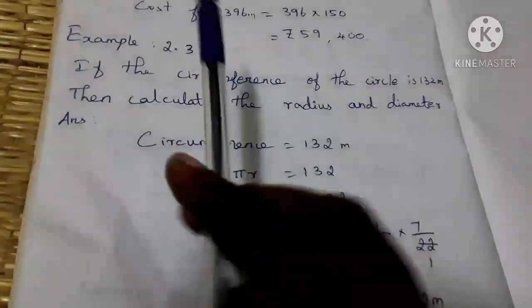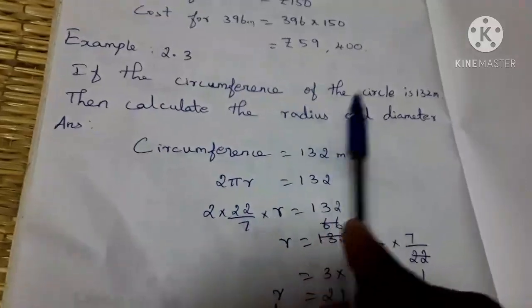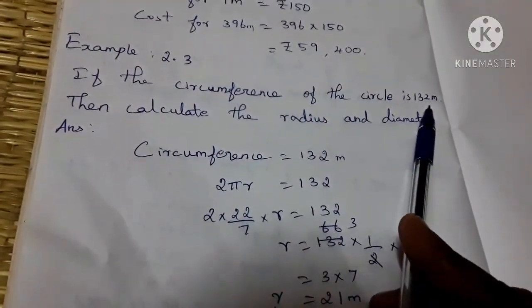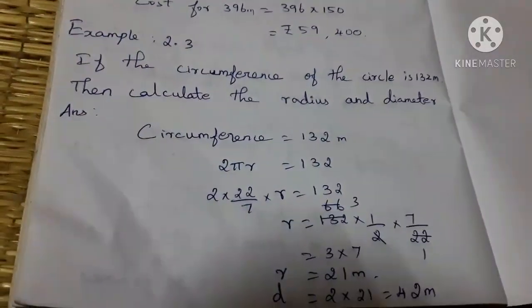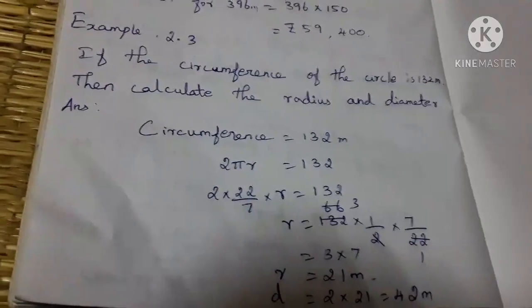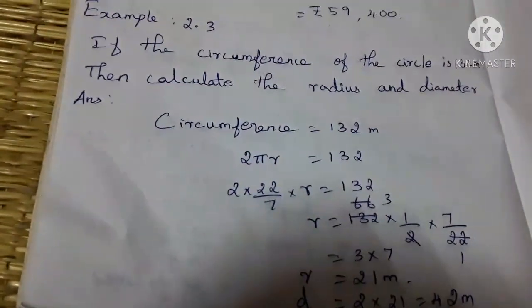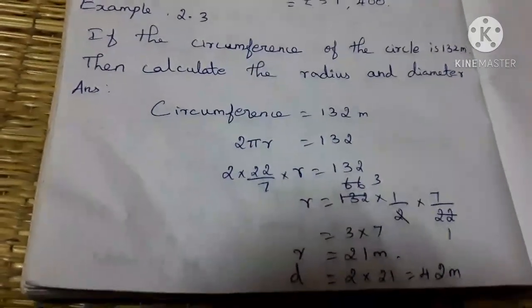Next example. Why do I teach this example? This is different. Example 2.3. If the circumference of the circle is 132 meter, then calculate the radius and diameter. Before, in all the sums they gave the radius or diameter and we found the circumference. But here they give the circumference, and we have to find the radius and diameter.